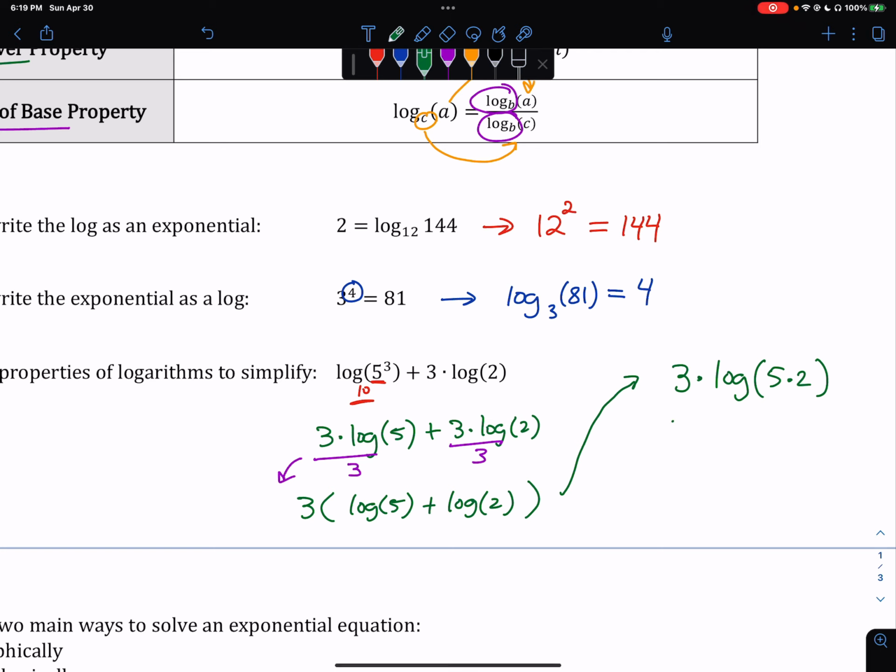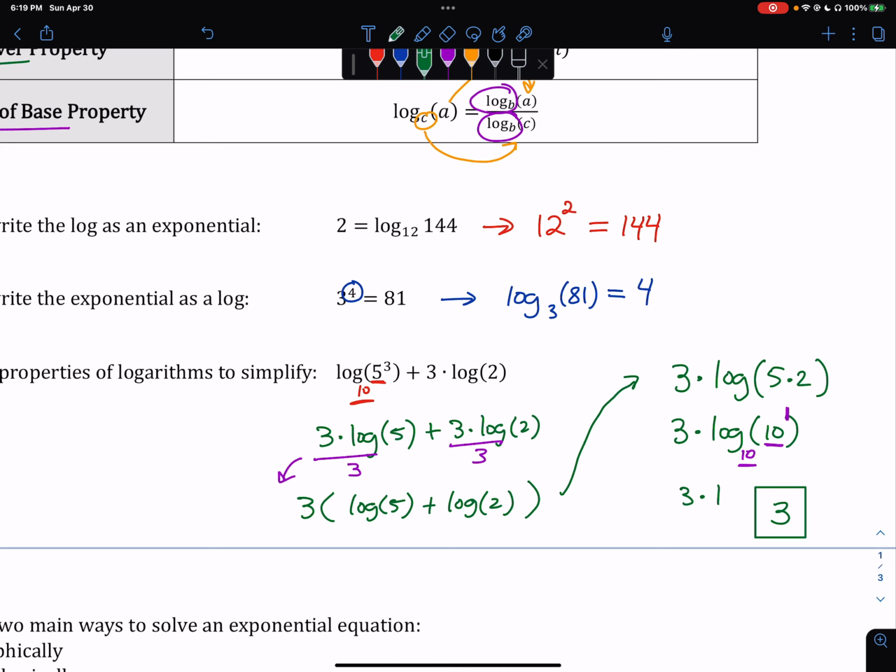Simplifying that, 5 times 2 is the log of 10. And remember, common log is log base 10. And so if we have the log base matching the big base, then our exponent is our answer. Well, what's our exponent here? If there's no exponent, there must be a ghost 1. So we have 3 times 1, which is just 3.